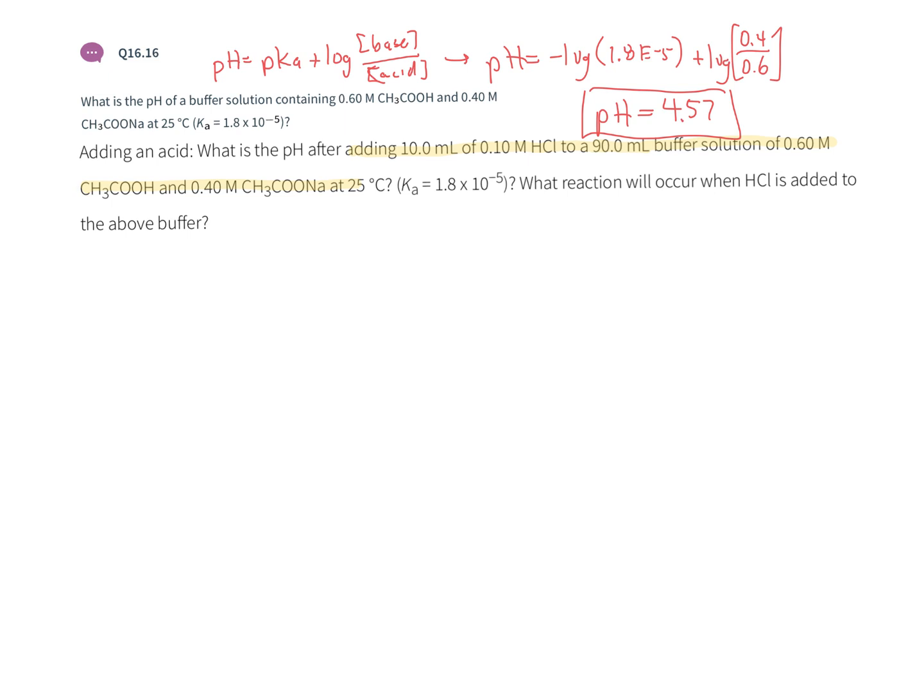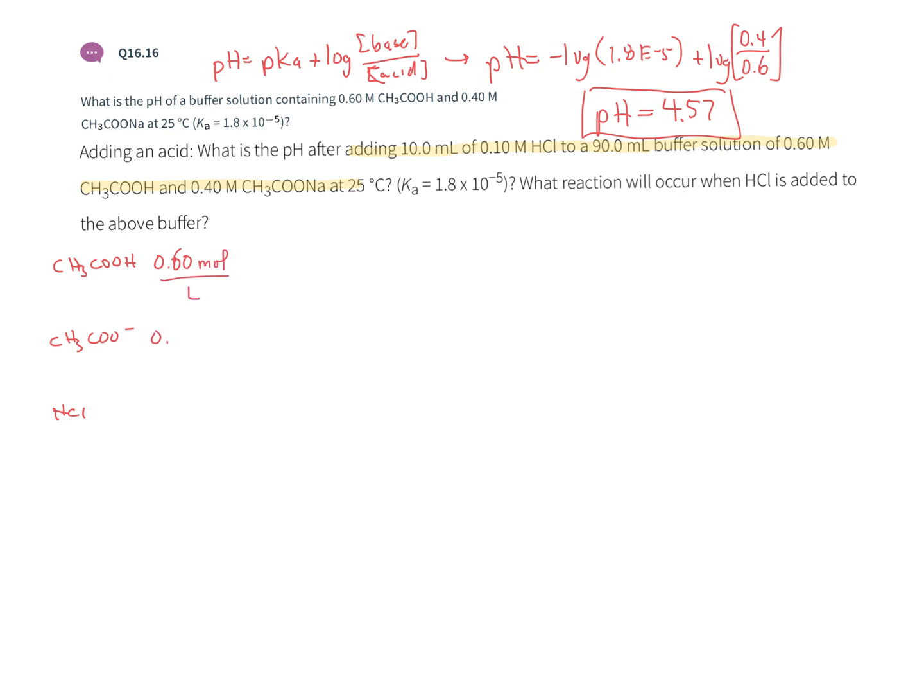So again, now we have to take into account our concentration and our volume and find moles for everything in the reaction. I'll start with the acetic acid, our acetate, and our HCl. I have a 0.6 molar solution, so 0.6 moles per liter.